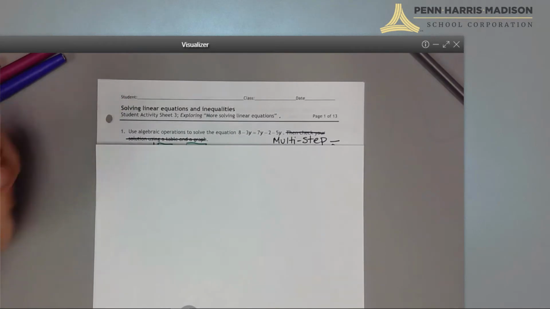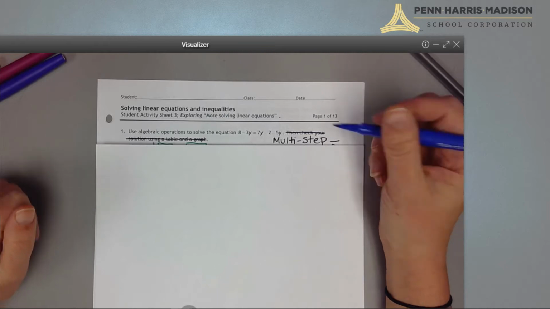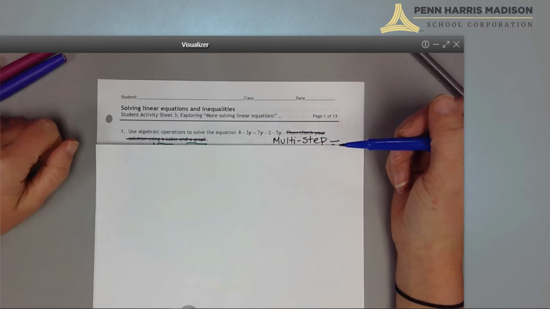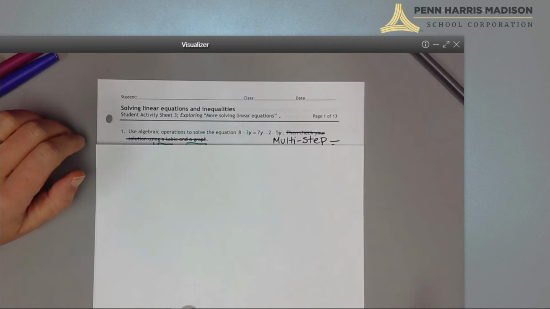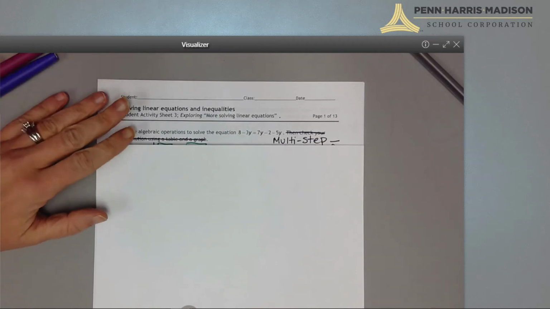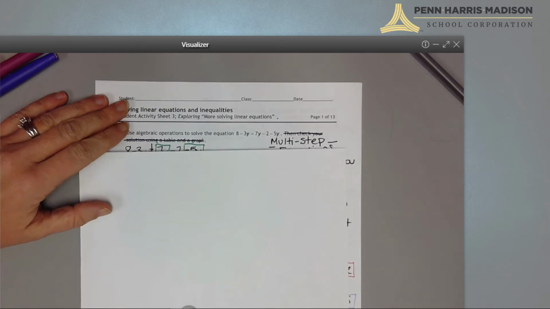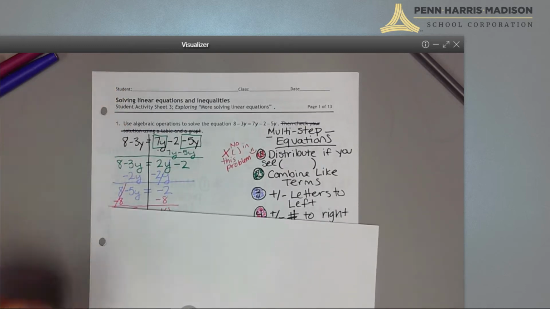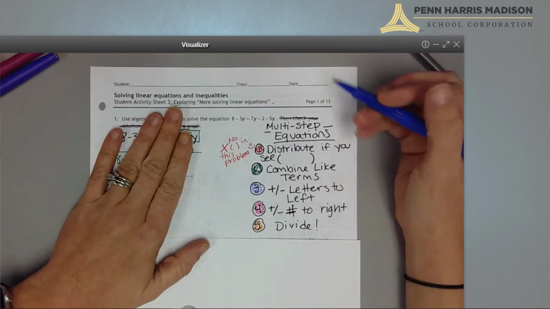They want us to use algebraic operations to solve this equation right here. This is very similar to what we did the other day. They're multi-step equations, meaning it takes more than 2 steps to solve. So let's take a look here. I'm first going to give you some steps that I want you to take note of.